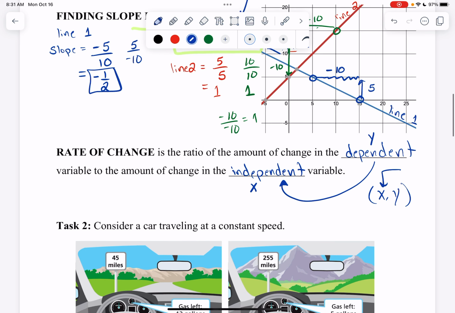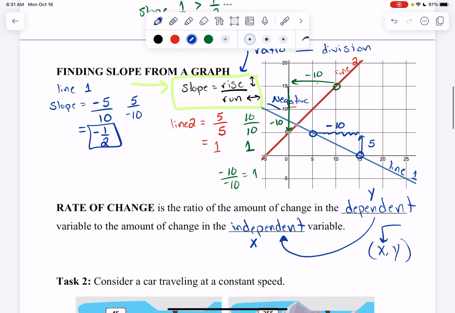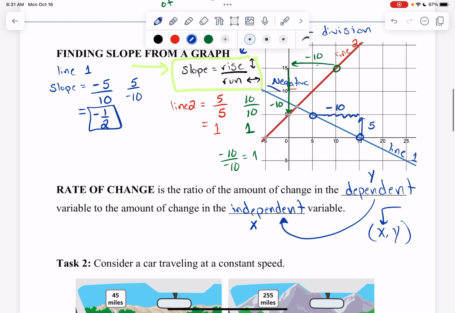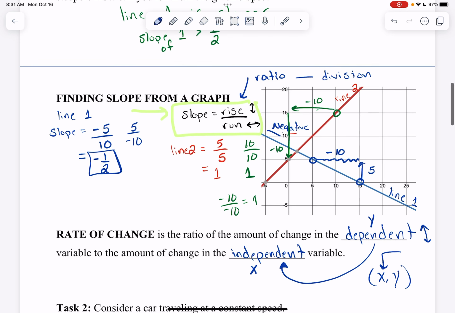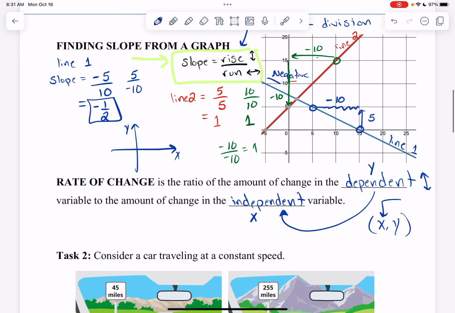Okay, so it's the rate of change, the ratio of the amount of change in the dependent. Well, my dependent is my y, which is your up and down. Again, remember, y is up and down on a graph, like your y-axis. Your y-axis is the up and down, the x-axis is the left and right. So it's the ratio, the division of the y, the up and down. Well, isn't that just the rise?